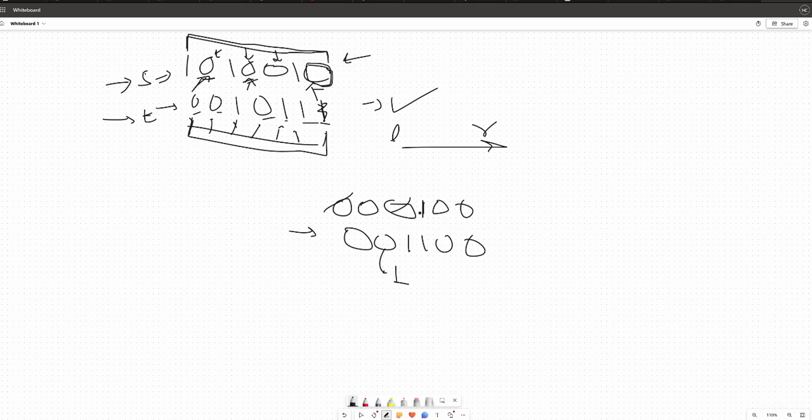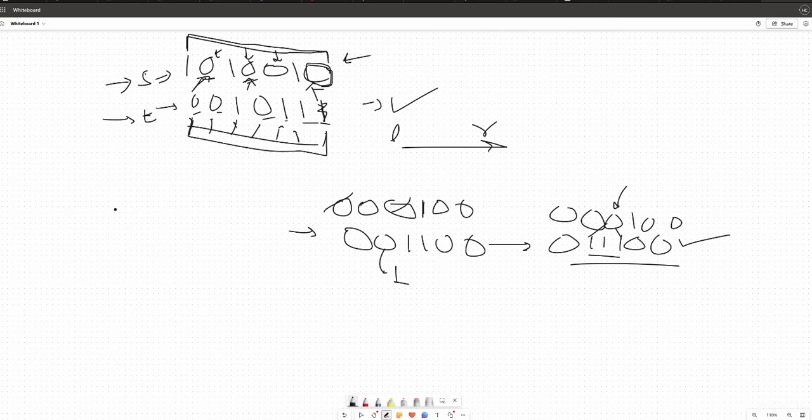Since these two are 0, this is already 1, and I guess no other matches can be made. So the best possible scenario for this string is 0, 1, 1, 1, 0, 0. This string will remain the same for the time being. Using these we can also transform this element, so that we'll do later.